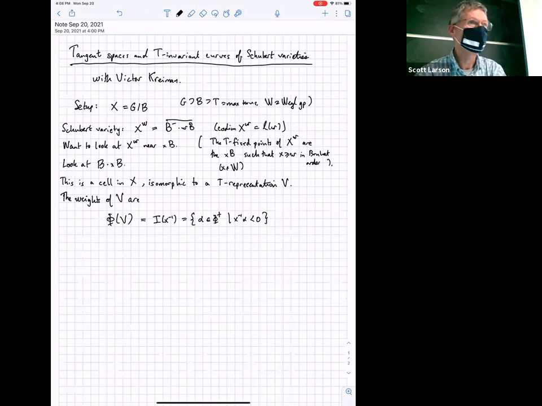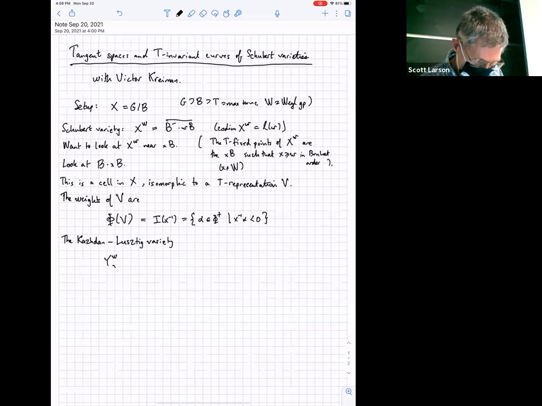Okay, so V is a sort of known vector space, and what we look at is the Kazhdan-Lusztig variety YWX equals XW intersect B dot XB.